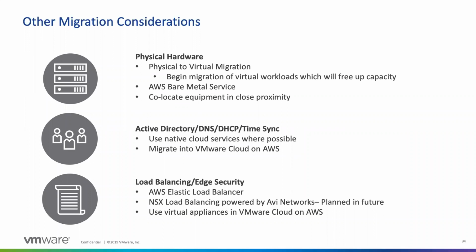Another thing is Active Directory, DNS, DHCP, timesync. All of these things are core infrastructure services that we don't often think about when it comes to this, but there needs to be a very good plan put together around how you're going to operate those in this environment. I have one customer that had to have a satellite link for timesync, as one example.